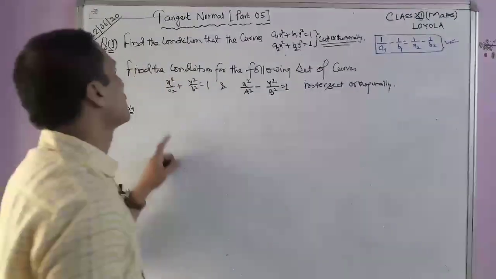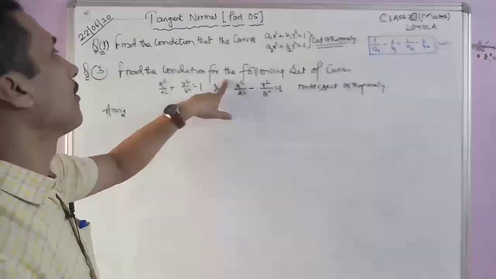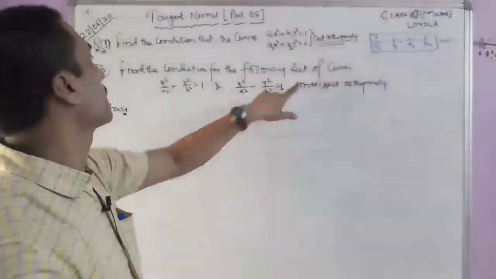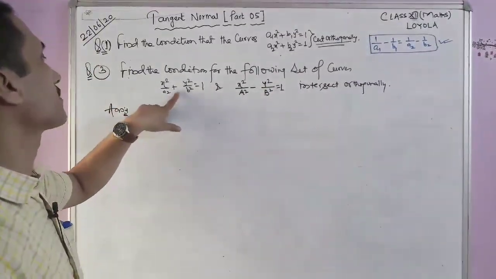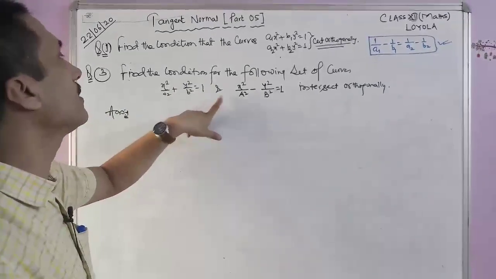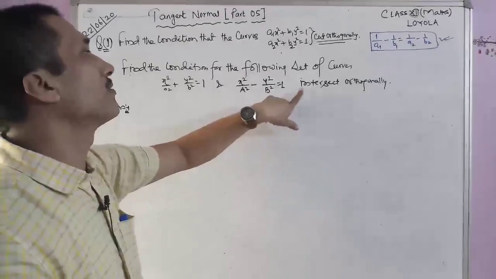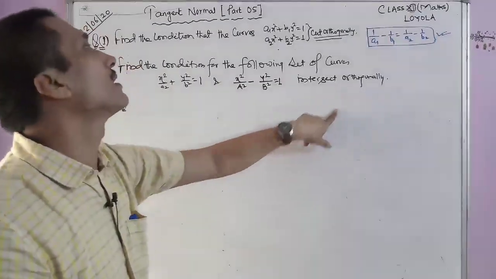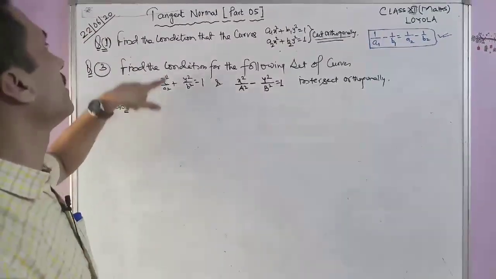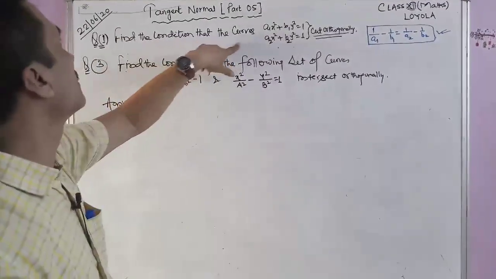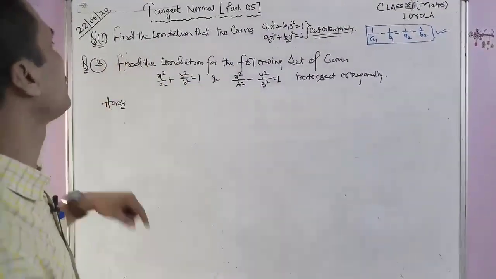The next question is, find the condition for the following set of curves x square by a square plus y square by b square equal to 1, x square by capital A square minus y square by capital B square equal to 1 to intersect orthogonally. Here we use a direct result from the first question.